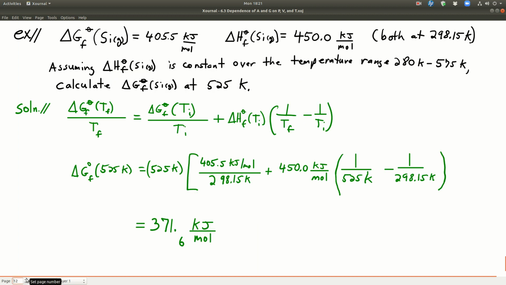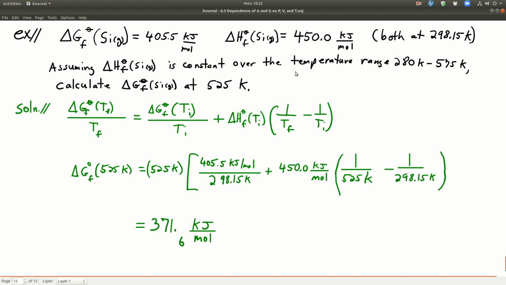So real quickly, why do we care? What use is this? A real simple example is you can look up in the back of your textbook and the CRC Handbook, like a lot of places, delta G of formation and delta H of formation of different species. Let's say silicon gas: the delta G of formation under standard states is 405.5 kilojoules per mole, and its heat of formation is 450 kilojoules per mole, both at 298.15 Kelvin.